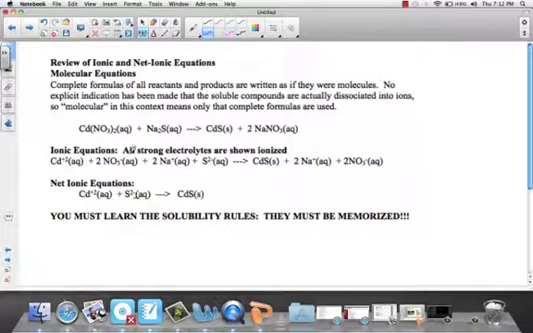So basically, when somebody's talking about the molecular formula, they're talking about just writing an equation. So here, cadmium nitrate aqueous plus sodium sulfide aqueous yields cadmium sulfide solid, because S is not part of NaCl-NO-SO, which means it falls under everything else being insoluble, and sodium nitrate.